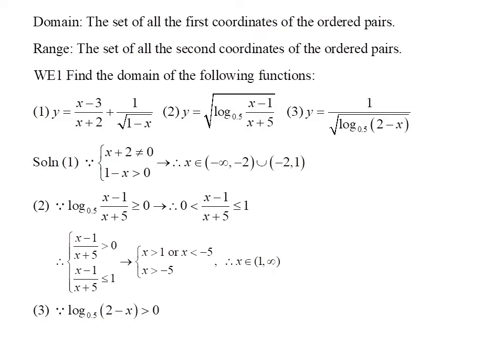And since the base of the logarithm is between 0 and 1, the argument 2 minus x must also be between 0 and 1. Hence, we solve the inequality and obtain the domain of the function, which is between 1 and 2, not including the endpoints.